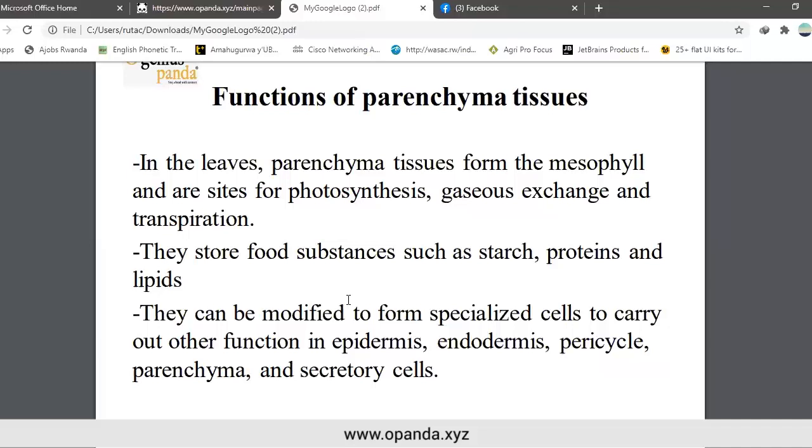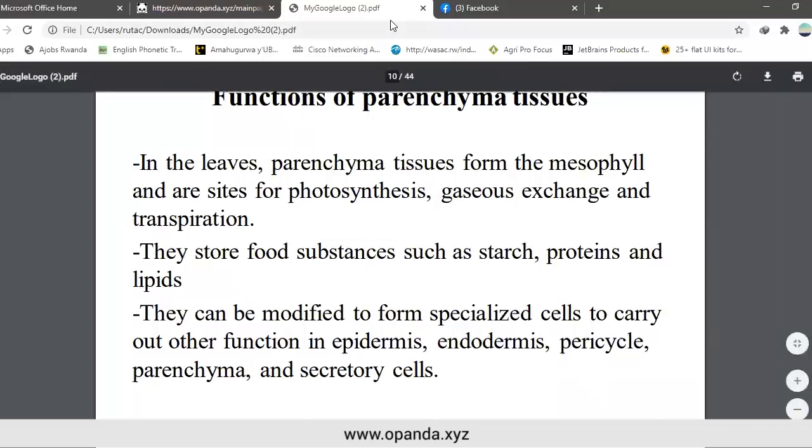They store food substances such as starch, proteins, and lipids. They can be modified to form specialized cells to carry out other functions in epidermis, endodermis, pericycle, parenchyma, and secretory cells.